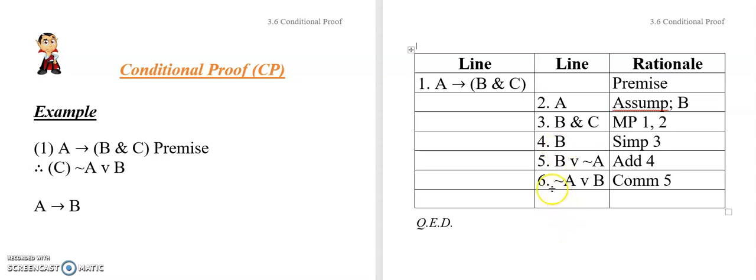It must be discharged, meaning you've got to move back here, and that means that you would end up writing something like 7, if A, then A or not B. So you would end up writing down the first thing you assumed, arrow, the last thing you got, okay? And notice how this ends up working out. You would end up with that, and that would be CP 2 through 6.